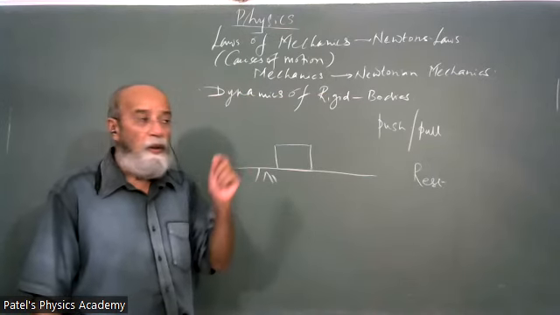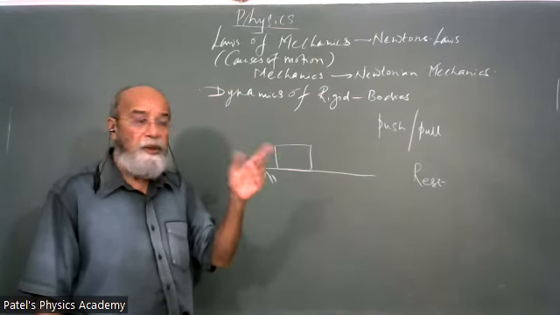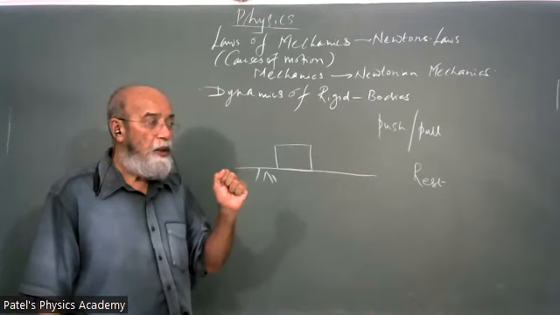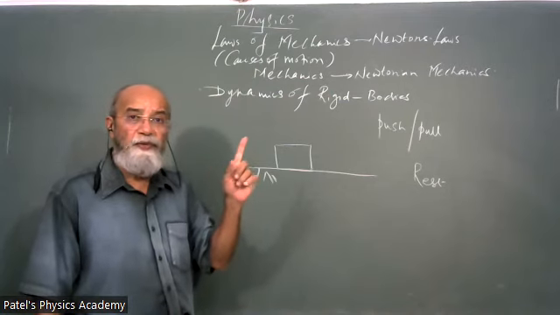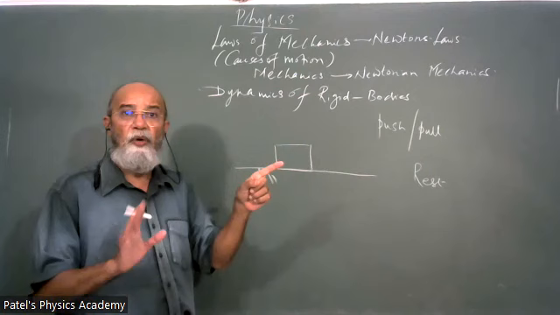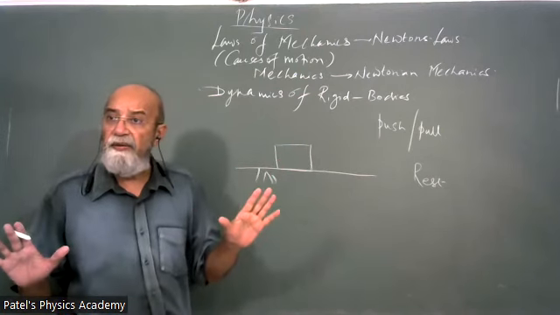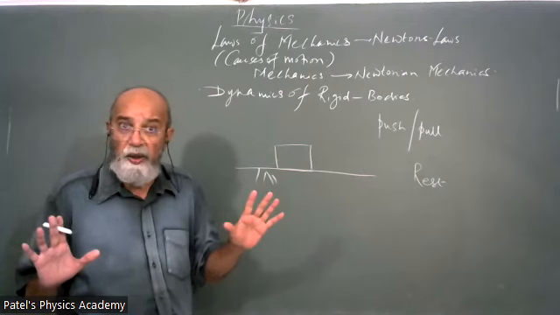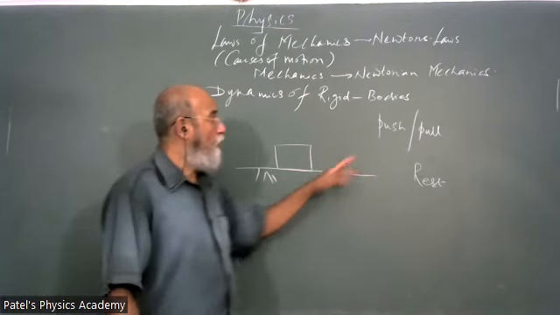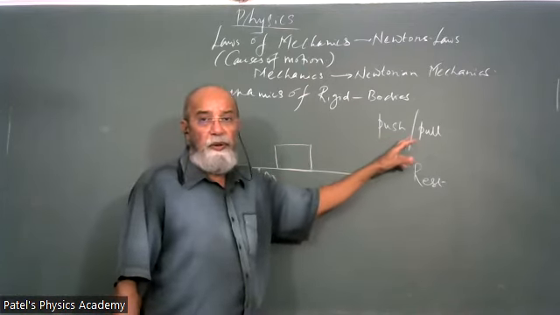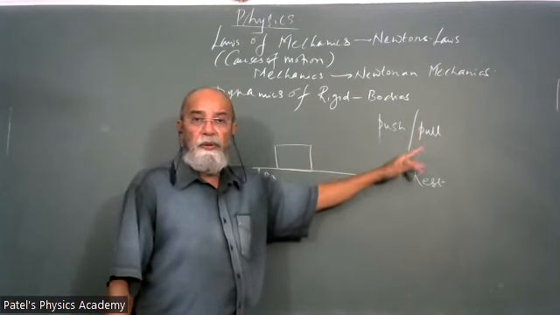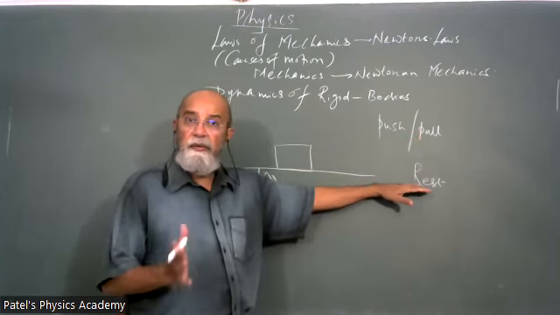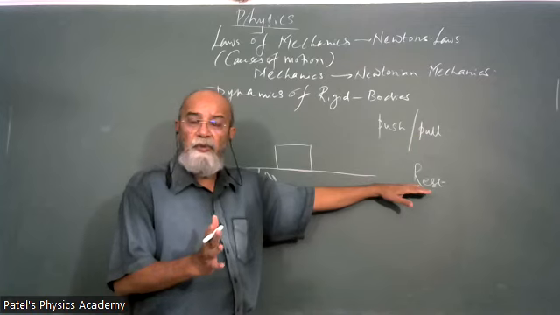What do you mean? You're looking at an object, close your eyes, and then after a few seconds, open them. If the object is still there, what do we say? The object is at rest. That means its position has not changed. Okay, good. If I give a pull or a push, and if the object is at rest, it will start moving.